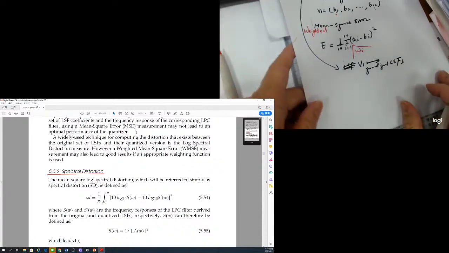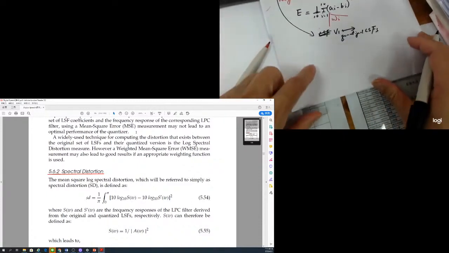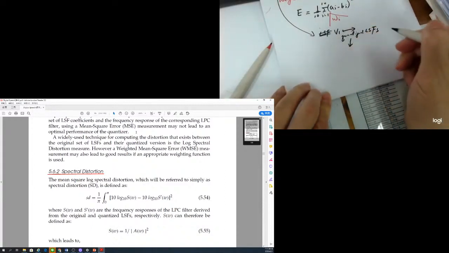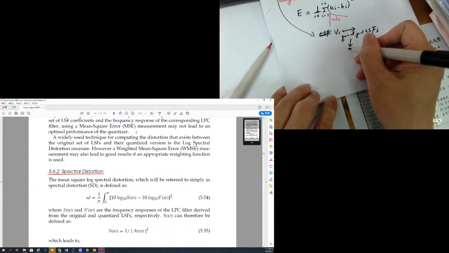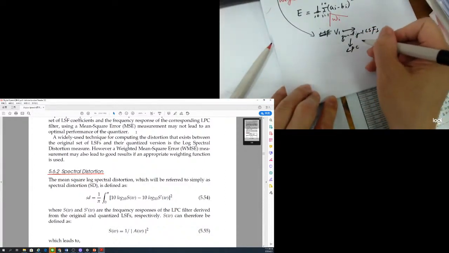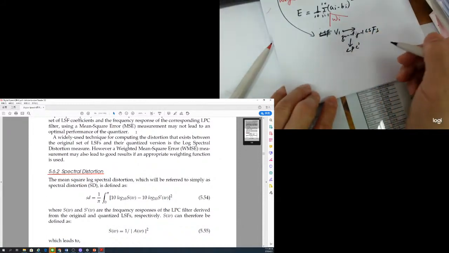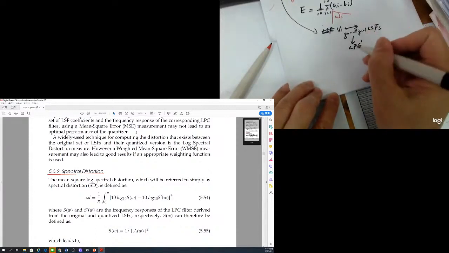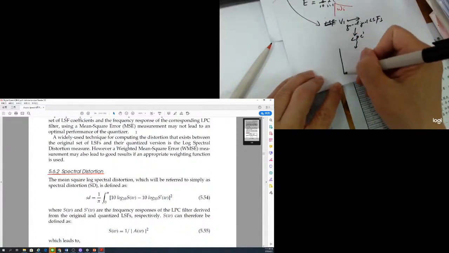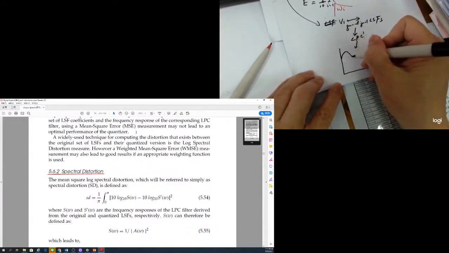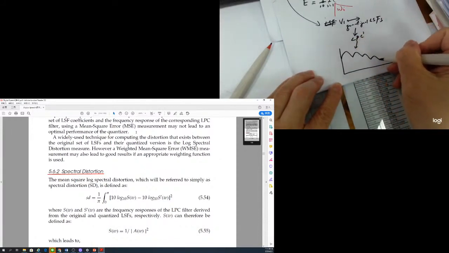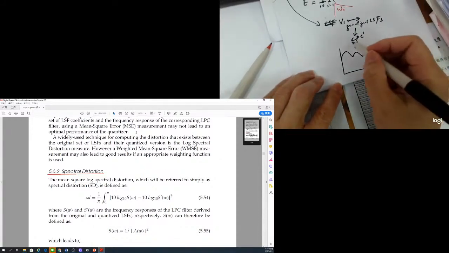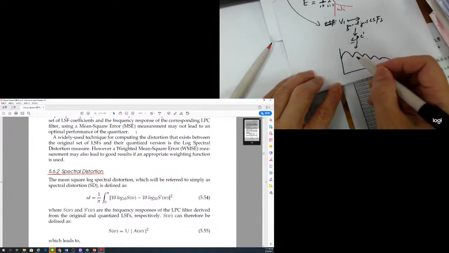So V1 is a quantized line spectrum frequency vector. We can recover the corresponding LPC coefficients, which are quantized LPC coefficients. Based on these coefficients, we can recover their frequency response, their frequency envelope, and generate the frequency.